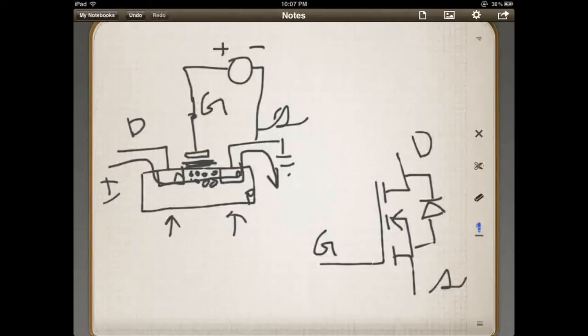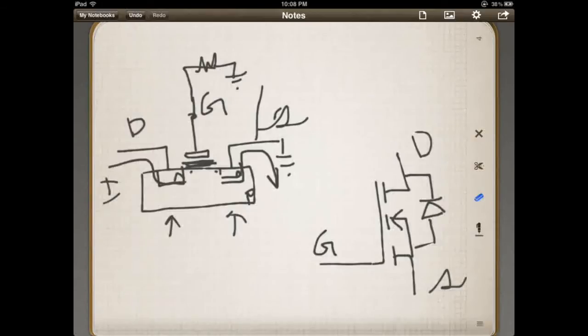Similarly, when you take the voltage away and you ground this point, usually through a resistor, it will then repel these little electrons here, and it will break the connection. So therefore, there's our switch. That's how it makes and breaks.